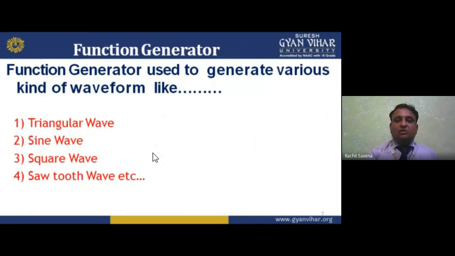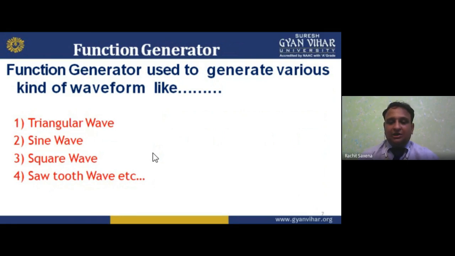Now, a function generator is used to generate various kinds of waveform like triangular wave, sine wave, and square wave. As I earlier told you, my dear student, it is very useful to generate various kinds of electrical waveform, like triangular, sine, square, sawtooth, etc. Important waves are basically triangular, sine, and square.